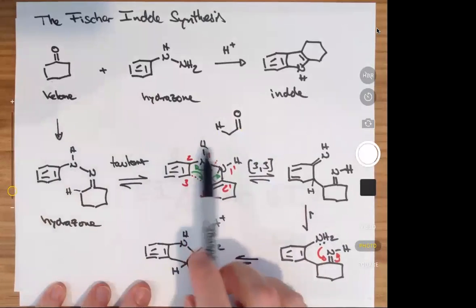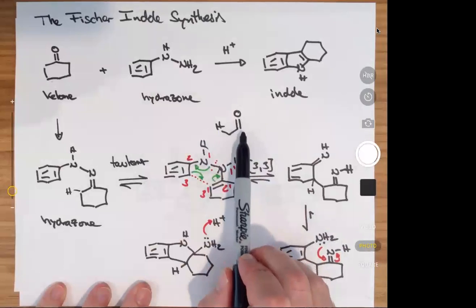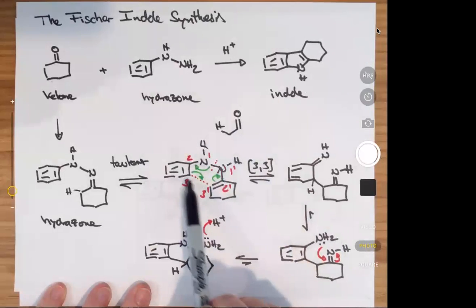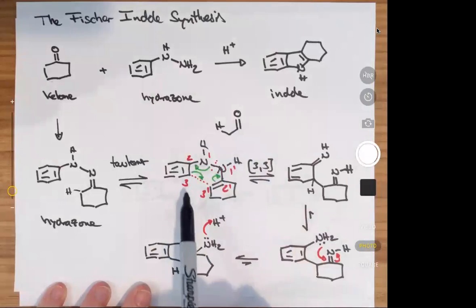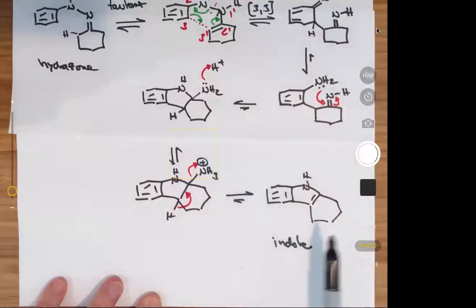So anytime you have a hydrazone reacting with a ketone or an aldehyde or anything like that, that has an enolizable position, you can access this structure that induces a 3,3 sigmatropic rearrangement, and that sets you up on the pathway all the way to the indole down here.